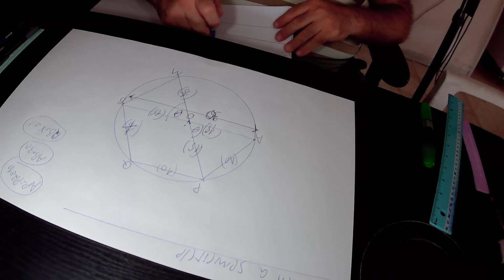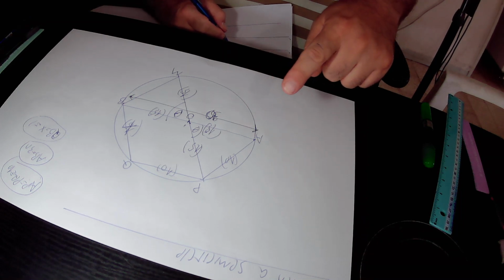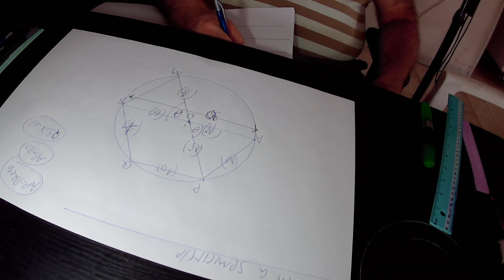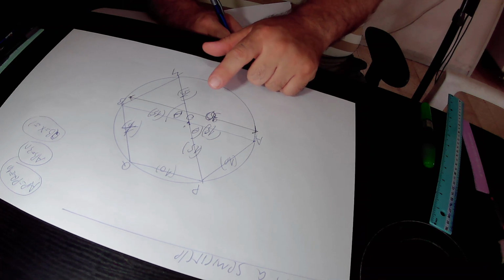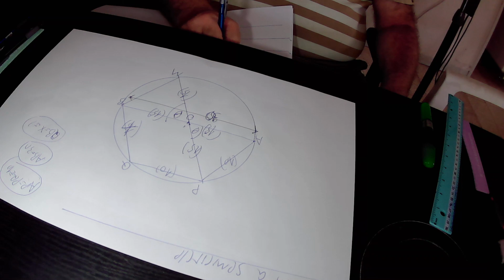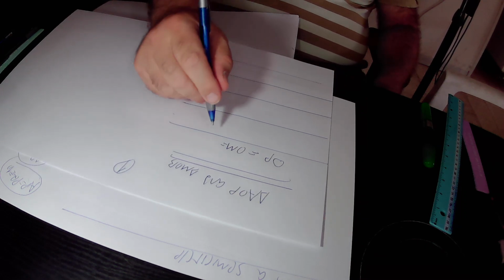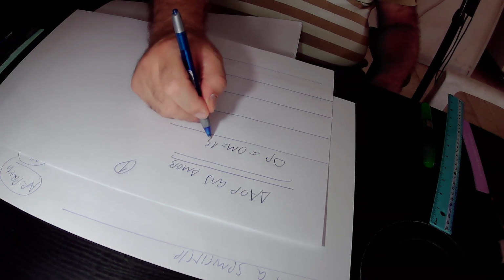So side OP in triangle AOP is equal to side OM in triangle MOB.